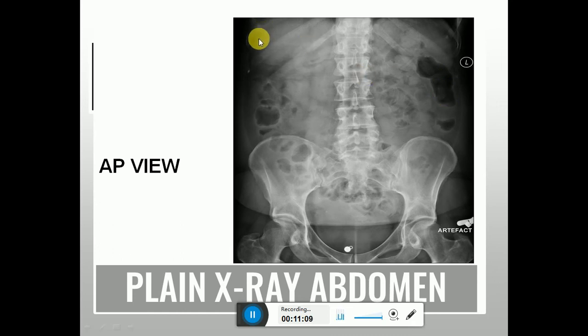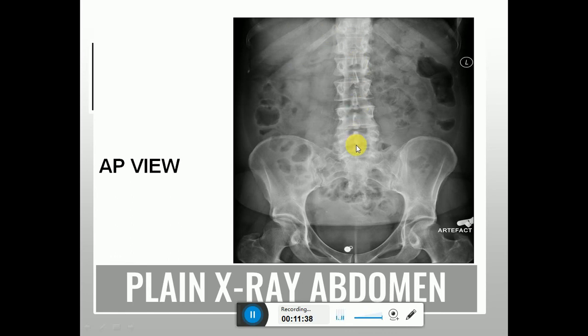Solid organs. Here you can see this one on the right side is liver. Okay. Soft tissue. This line shows psoas major, a line of psoas major. Then of course, you can see bones. These are ribs. You can see they are the brightest here.